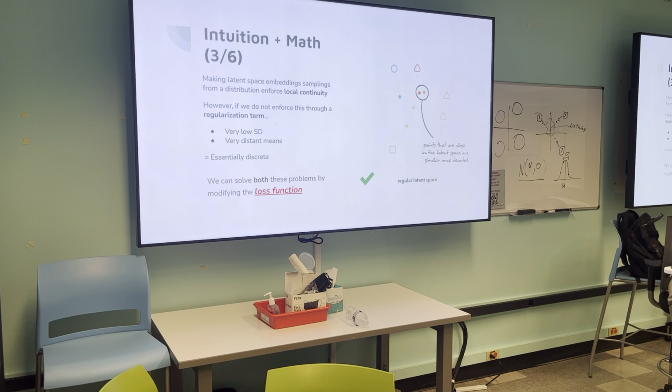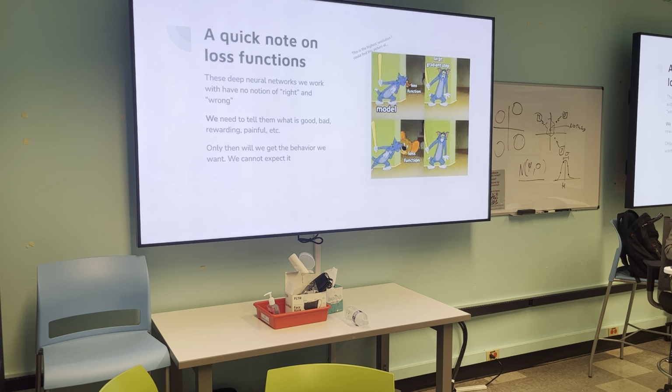And a note: if you don't clearly optimize for something within the loss function, if there's nothing in the loss function telling the network to give itself local and global continuity, for example, it's not going to do it. There's no reason it needs to. So we need to tell the network what is good and what is bad. What do you want to optimize for?